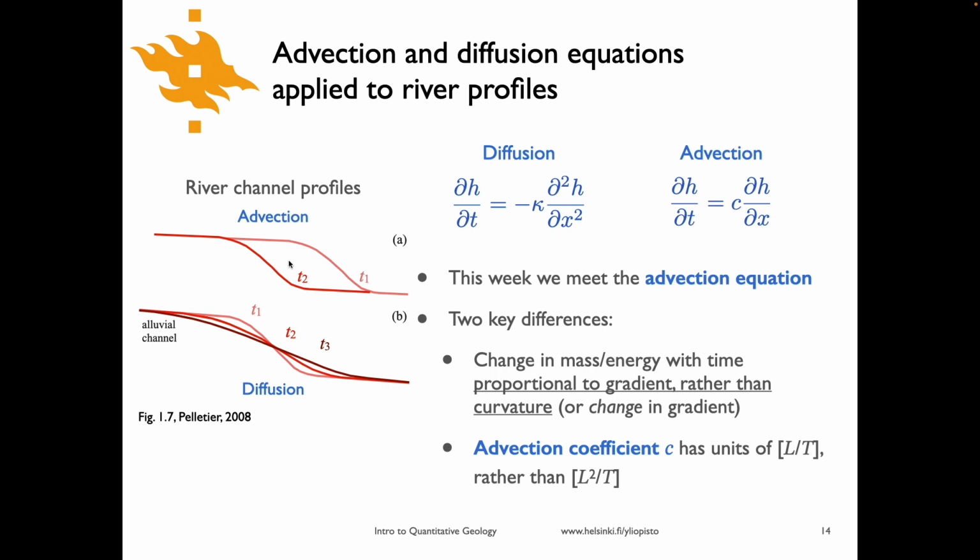So if the water in this case is flowing, from the view that we're looking at, from the left to the right, then this steep section is going to be migrating upstream through time. And so this is the tendency of bedrock channels, that the shape of the river channel profile doesn't really change with time. It just moves horizontally, and that's the advection part of this.